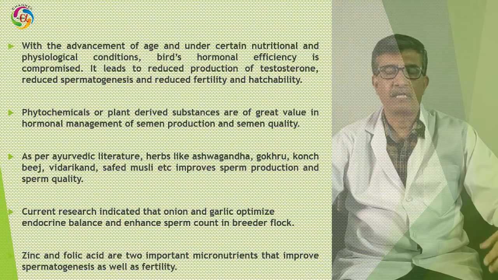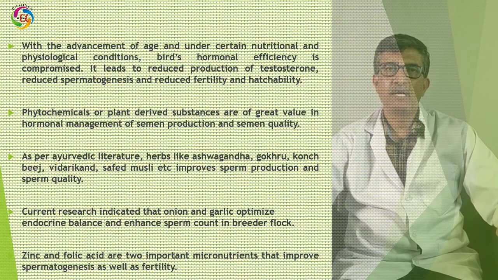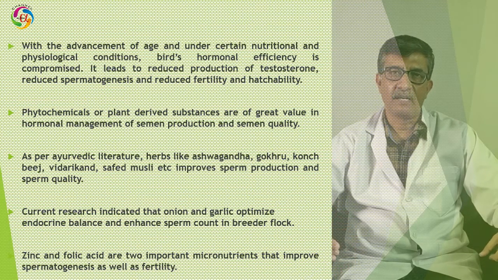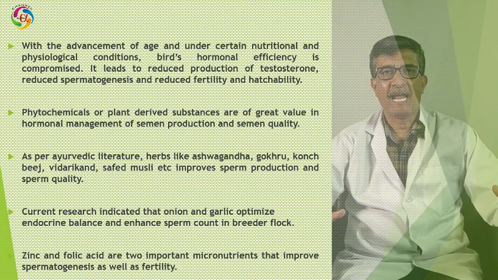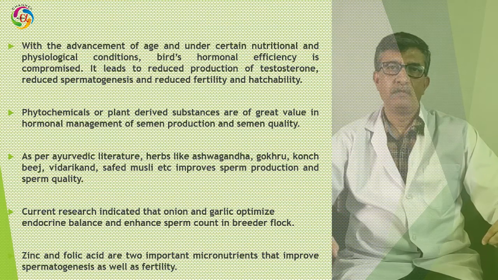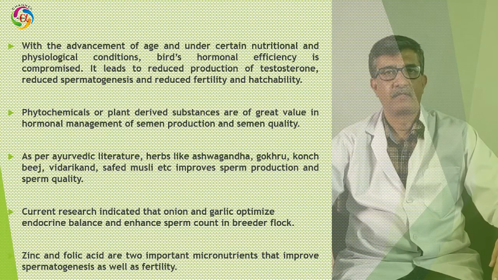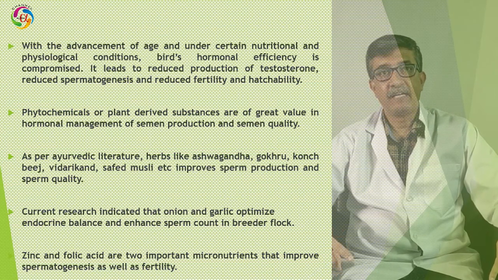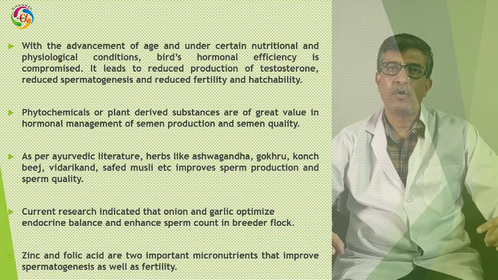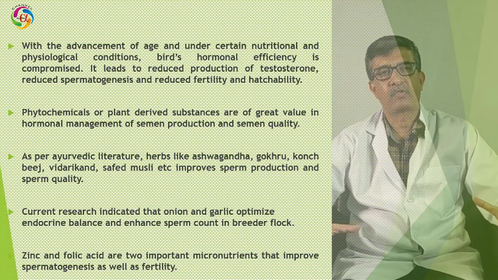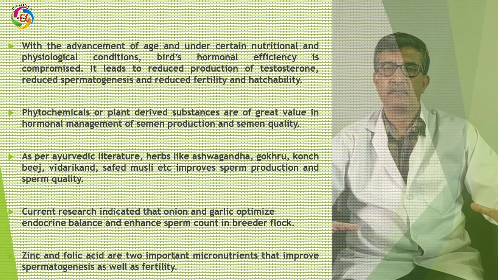Current research also showed that 2 of our regularly used spices, onion and garlic, improve the quantity of testosterone and spermatozoa count in male birds and animals. Besides herbs and spices, we have found that zinc and folic acid, 2 micronutrients, also positively influence the amount of spermatozoa and testosterone content in birds.